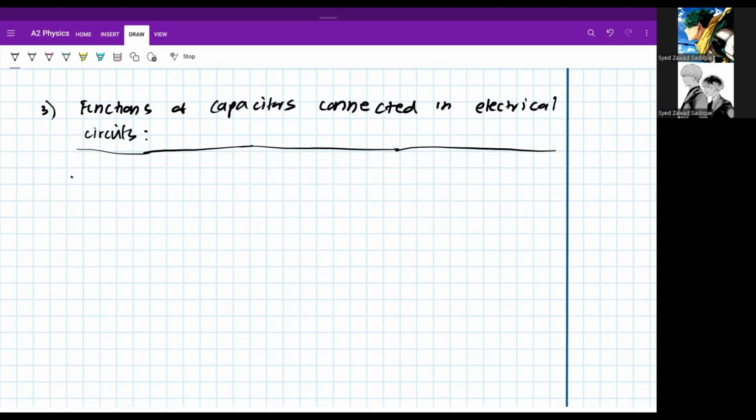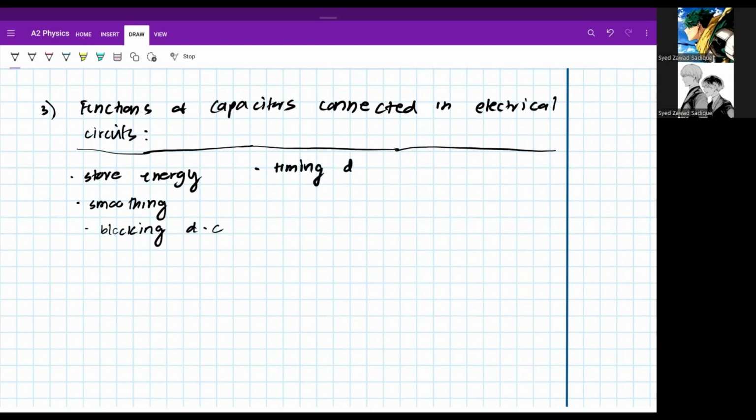So, store energy, smoothing, blocking DC, then timing delay, then tuning, finally surge protection.